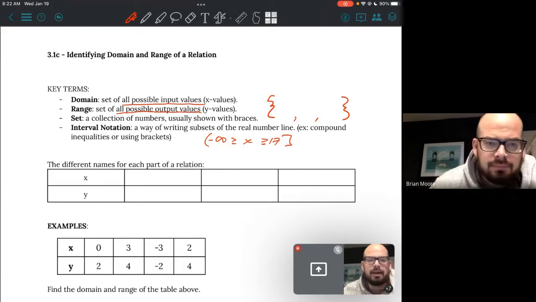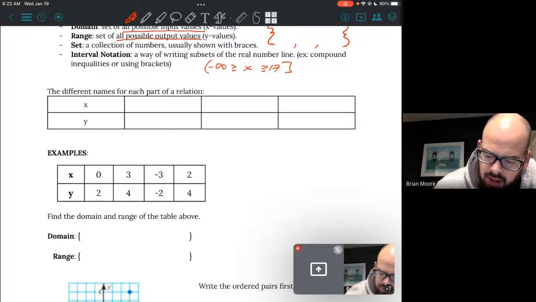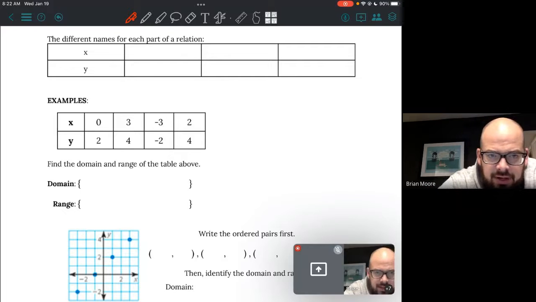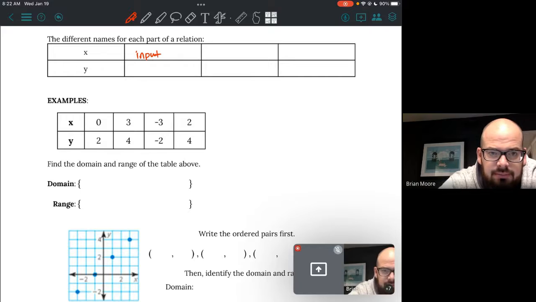Something like that. So first off, here is a huge part of what we're doing in Unit 3, understanding the different names for each part of a relation. So X, we've already said X is also called your input.